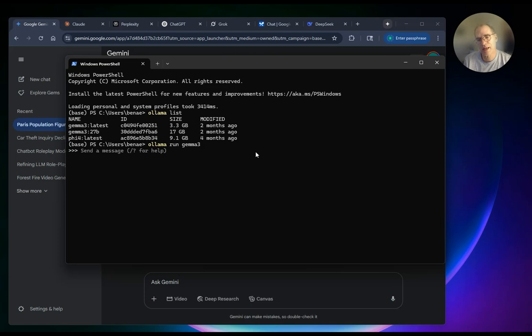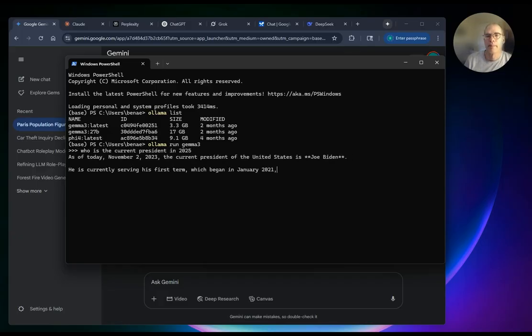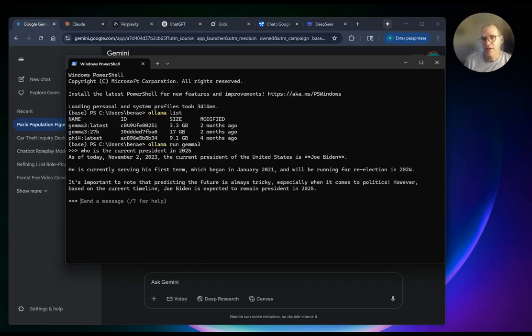So I can ask a question, who is the current president in 2025? As of today, November 2nd, 2023. So this model's knowledge only goes to November 2nd, 2023. It says it's Joe Biden.